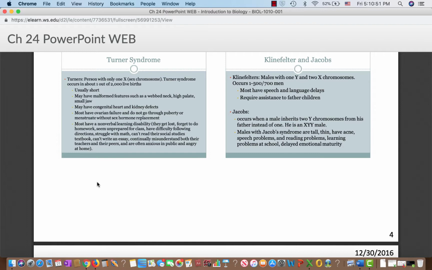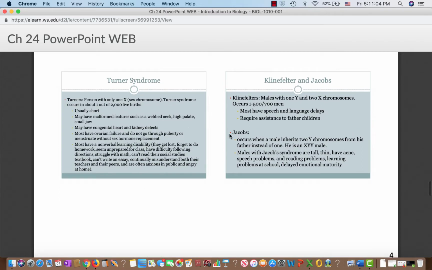They tend to have some non-verbal learning disabilities. They seem to get lost and forgetful frequently. They tend to have a fair amount of anxiety and be temperamental. But overall, it's not the worst thing in terms of genetic disorders.